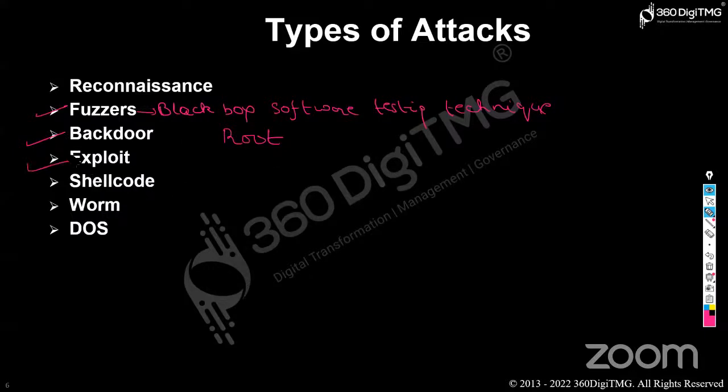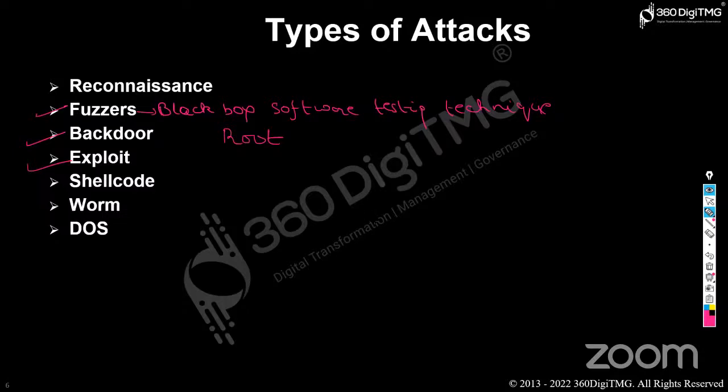What is an exploit? An exploit attack refers to a program or code that takes advantage of a security weakness in an application or a system.